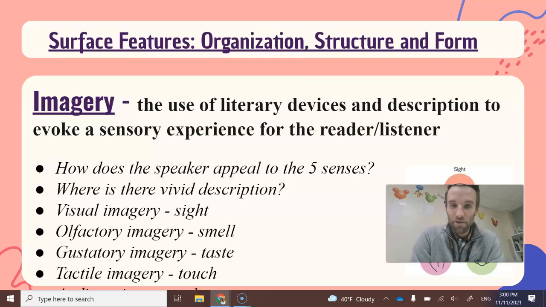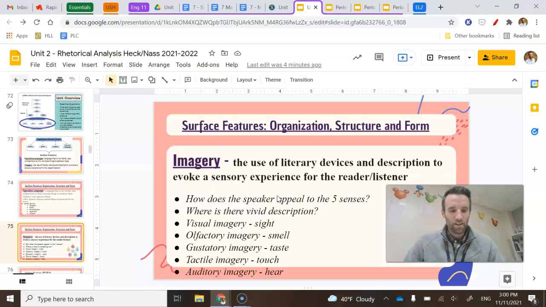Gustatory imagery is taste. Tactile imagery is touch. And oh no, one of mine is off the slide there. Sight, smell, taste, touch, and hearing, auditory imagery. Yeah, just make that smaller so you can see that.